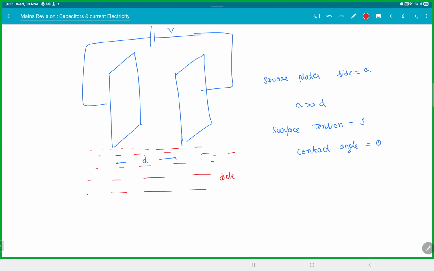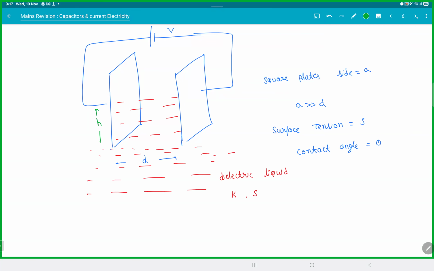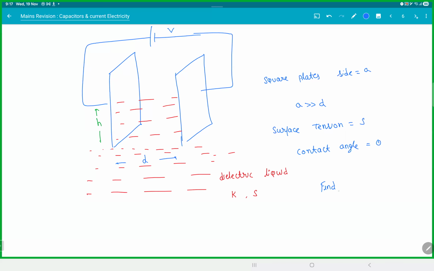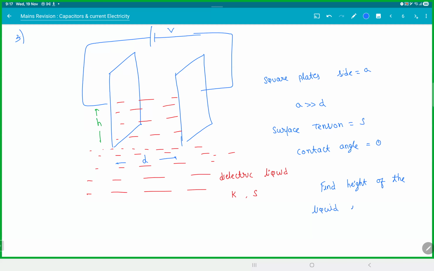This is a dielectric liquid, dielectric constant K, surface tension S basically. So what will happen? The liquid will start rising between the plates. Find the height of the liquid raised between the plates.